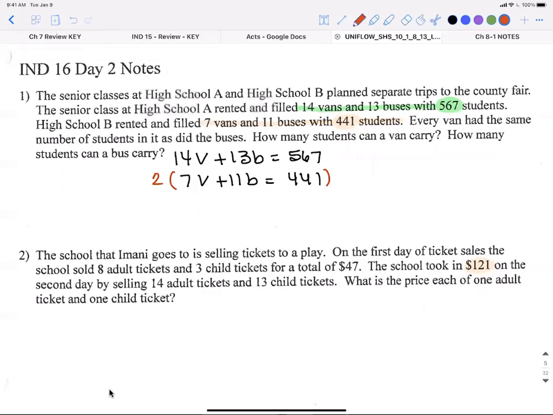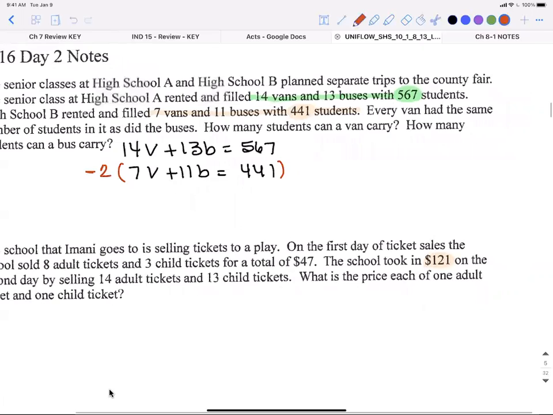So you can do it in 2 steps. I would do it in 1 step, but we know we're going to actually have to also multiply a negative through. So I would just multiply it by -2 to begin with. And that way you don't have to multiply it by a negative here in just a minute. Okay. All right. So my top equation doesn't change. 14V plus 13B equals 567. I didn't have to do anything to that one.